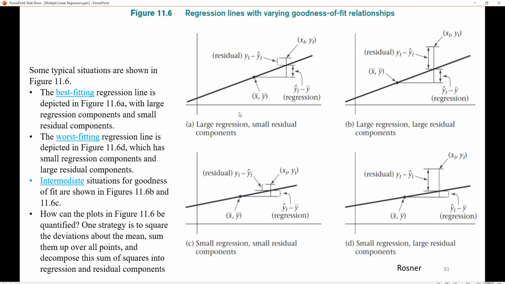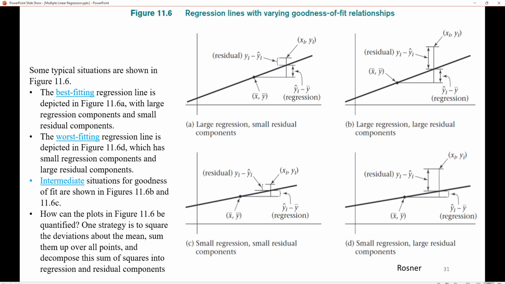So in this, we're going to look at what happens when we have 4 regression coefficients that are the same value. It's 0.75. Or I'm sorry, they're not identical, but this shows us how our regression and residual components can impact our model fit.